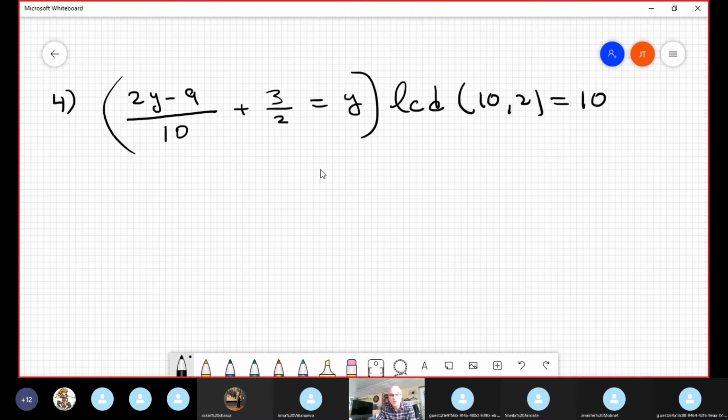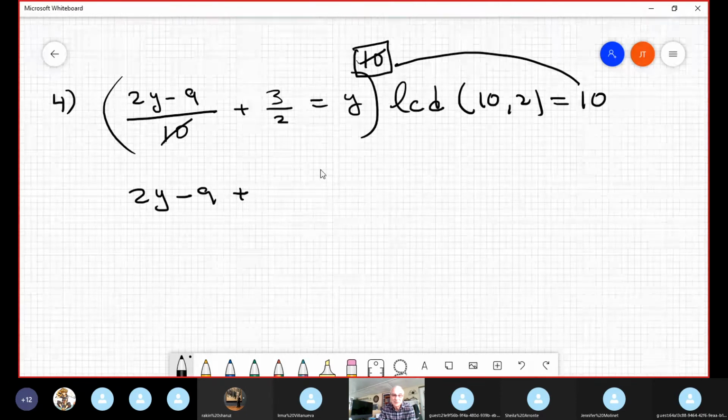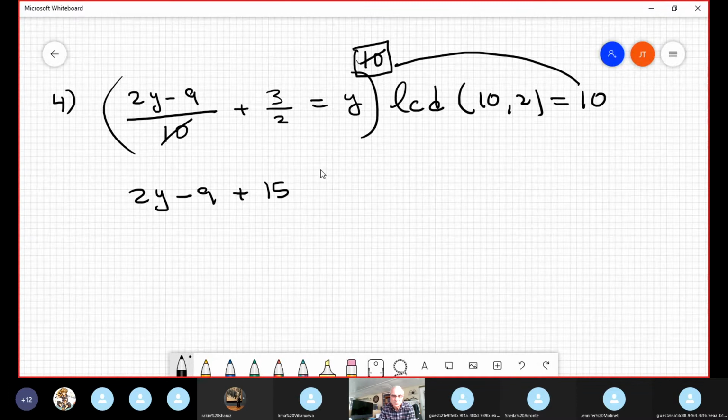If you multiply the whole thing by 10, when you multiply 10 times the first term, the 10 is cancelled and stays alive 2y minus 9, plus 10 times 3/2 is 15. Where does 15 come from? You multiply 10 times 3 is 30, divided by 2 is 15, or you divide 10 by 2 is 5, and 5 times 3 is 15.